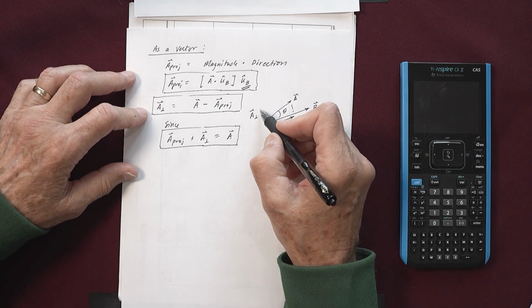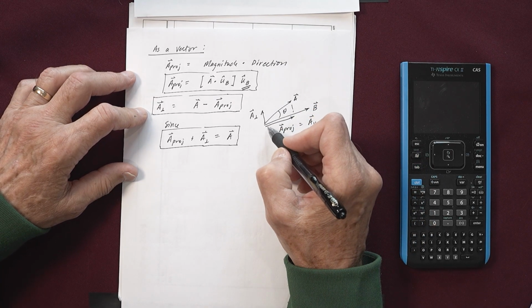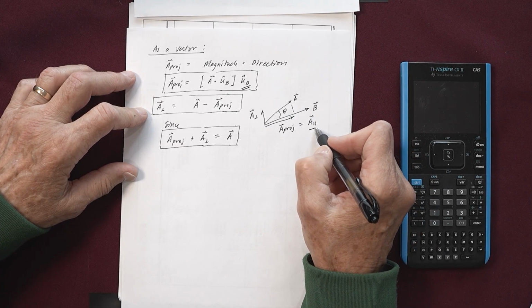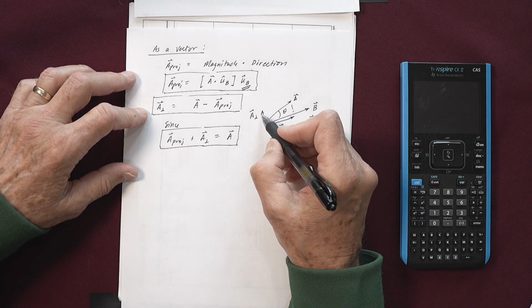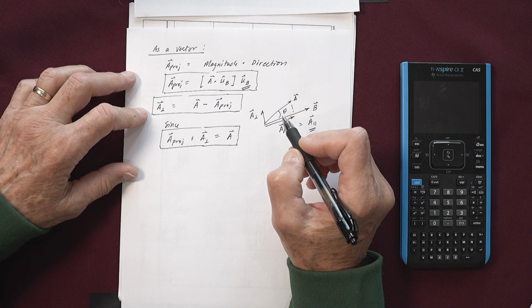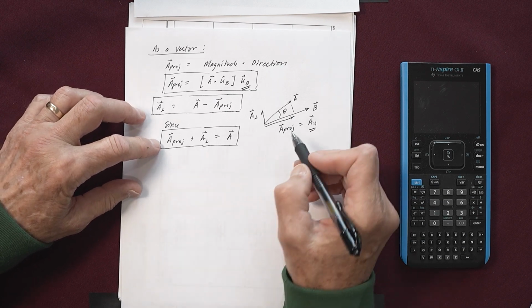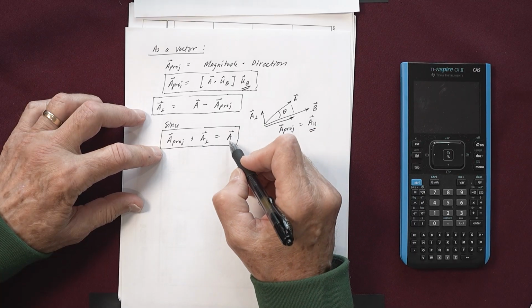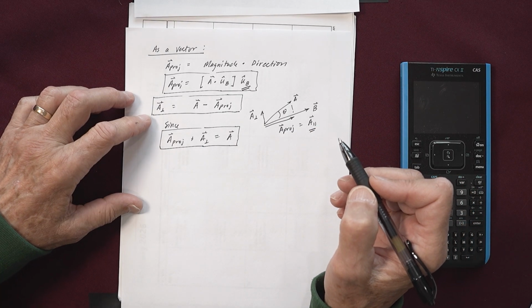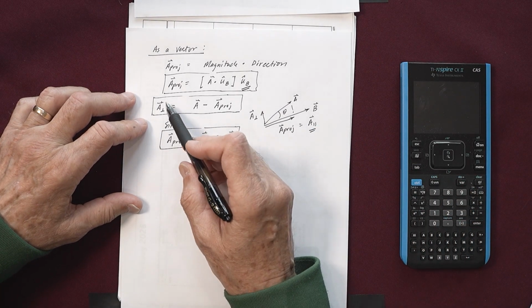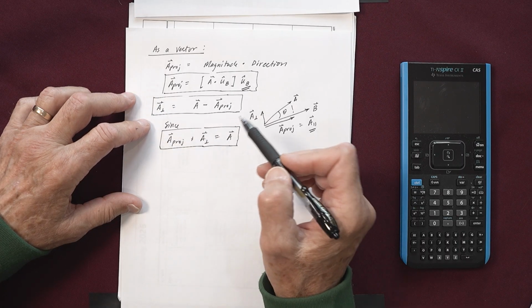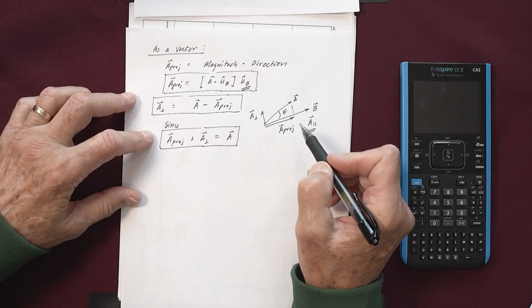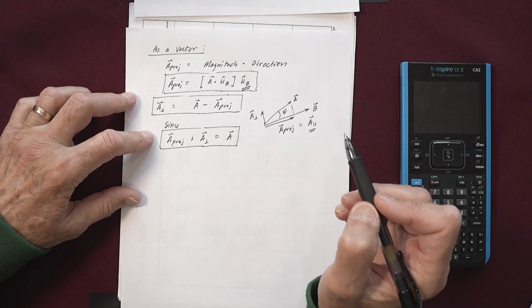And then finally, if you want a perpendicular, the presence of an A projection, or what I would call an A parallel, implies that there's an A perpendicular. The A projection as a vector plus the A perpendicular as a vector is equal to the A vector. So the A perpendicular as a vector is equal to the A vector minus the A projection as a vector.